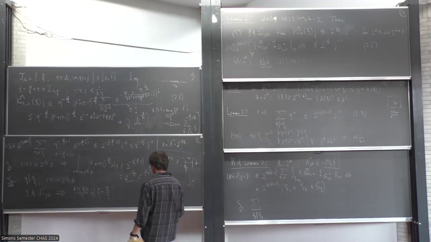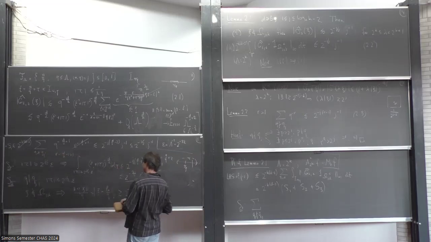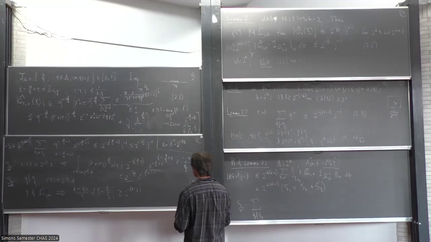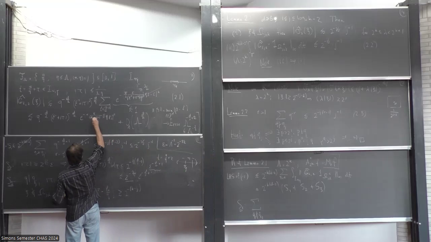And for this one, we have that this is bigger than or equal to 2 to the minus k minus j. So that was a mistake here.